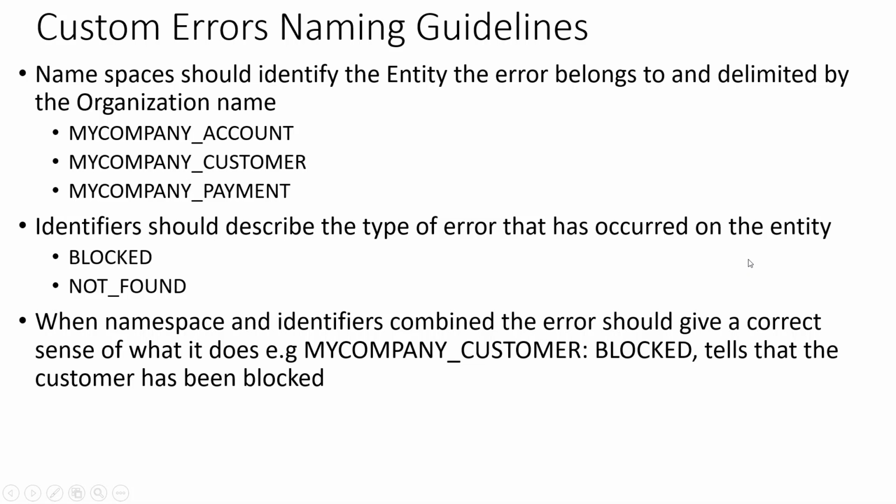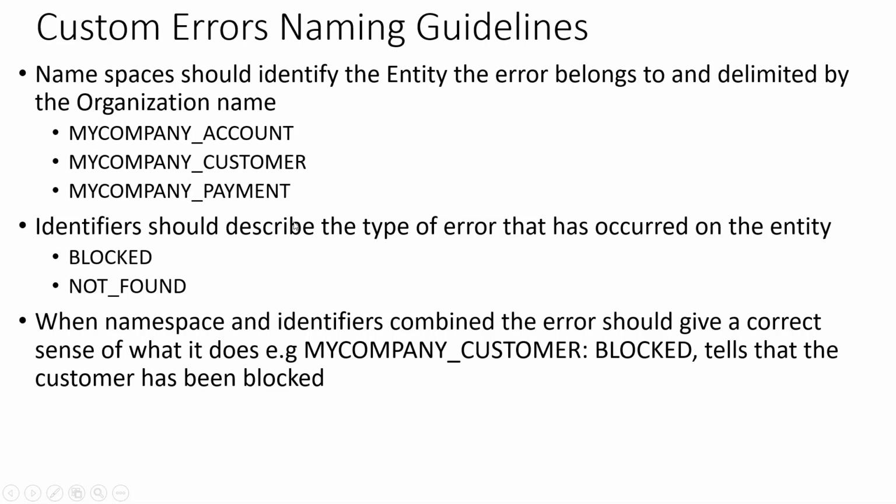You can have a namespace as customer, a namespace as account, and a namespace as payment, depending upon the bounded context. It's also important to have a prefix with your company name, appended as a prefix with an underscore: MyCompany_account, MyCompany_customer, MyCompany_payment. This is how you can create a namespace of the error.